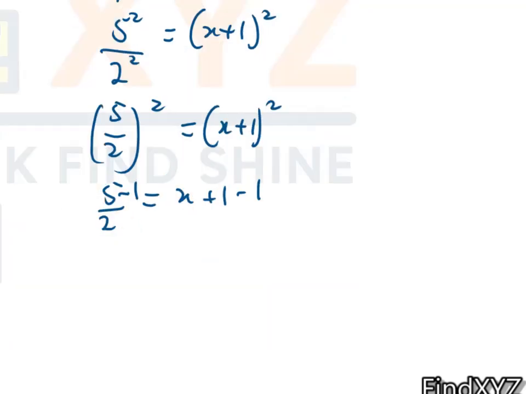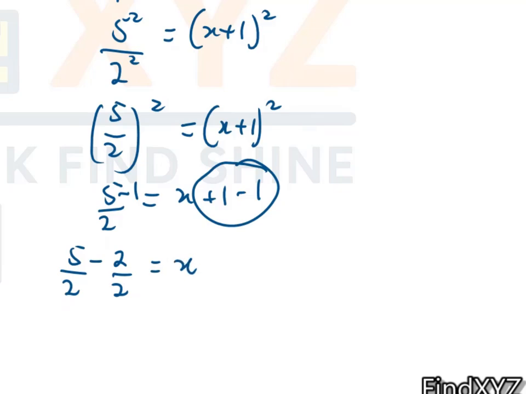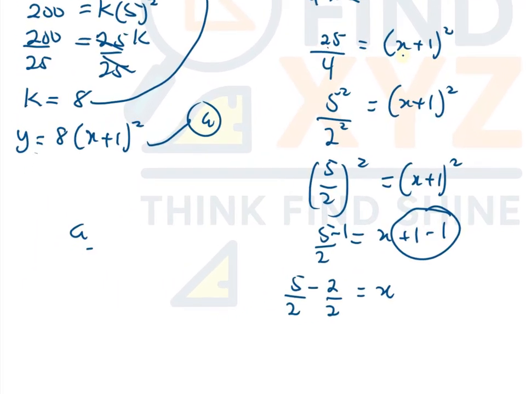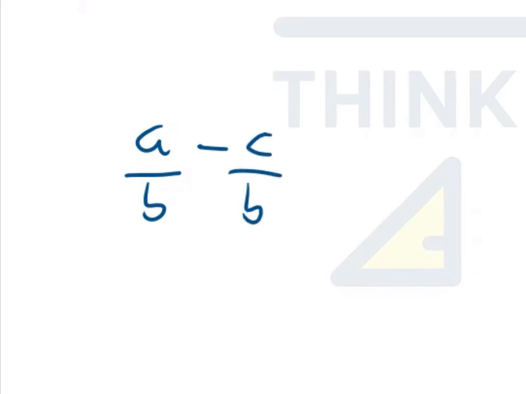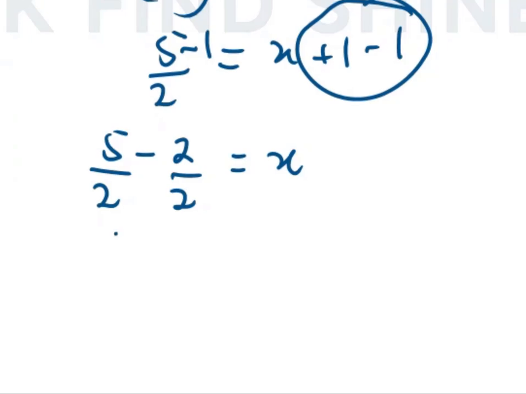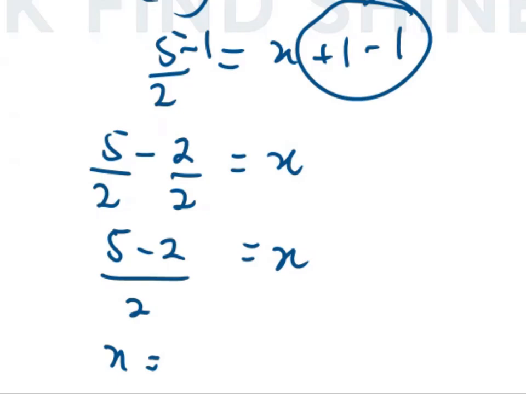I want to write the 1 as 2 over 2, which is the same as 1, because I want them to have the same denominator so that I can subtract easily. This will be 0, so we are left with x. So 5 over 2 minus 2 over 2. If I have a over b minus c over b, I can write this as a minus c all over b. Same thing, I can write this as 5 minus 2 all over 2. Then my final answer, what is 5 minus 2?